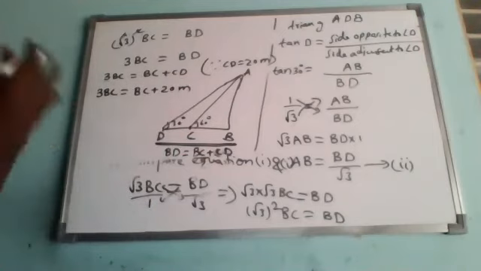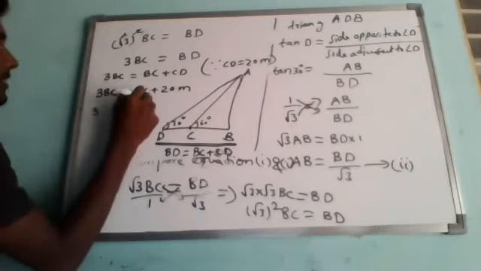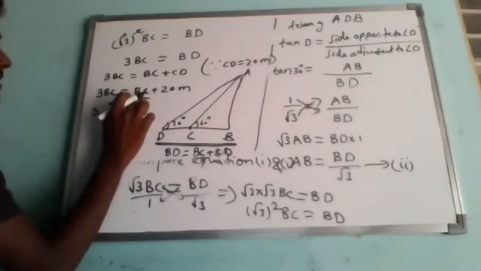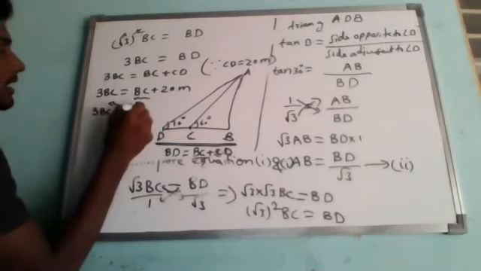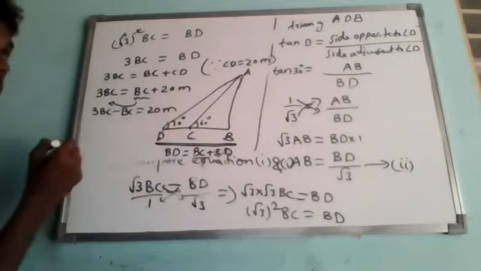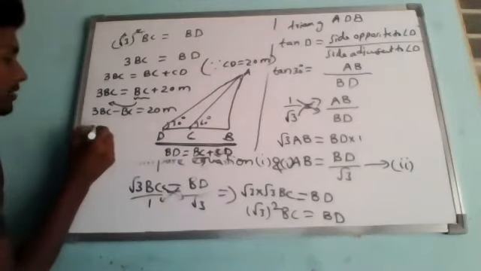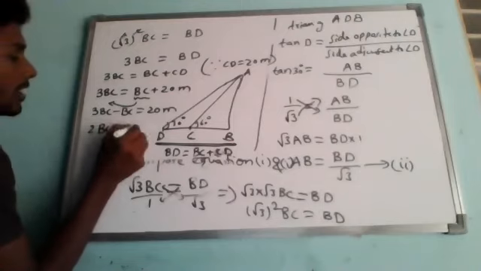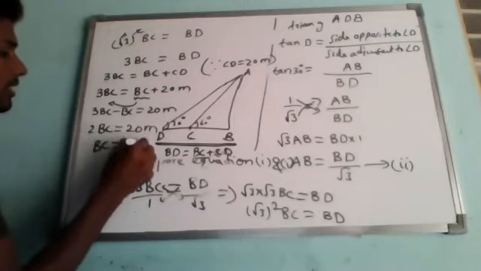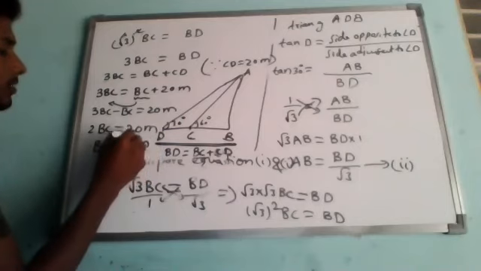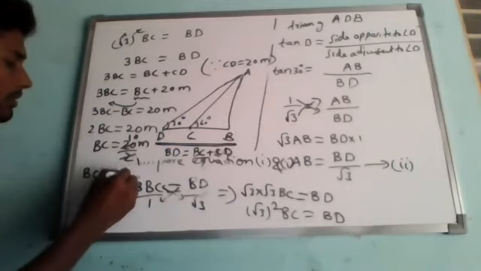Now bring all the variables to one side and numbers to the other side. I can bring this BC to this side; the plus sign becomes minus. So 3BC minus BC is equal to 20 meters. 3BC minus BC means 2BC is equal to 20 meters. So BC is equal to 20 meters divided by 2, which is 10 meters.